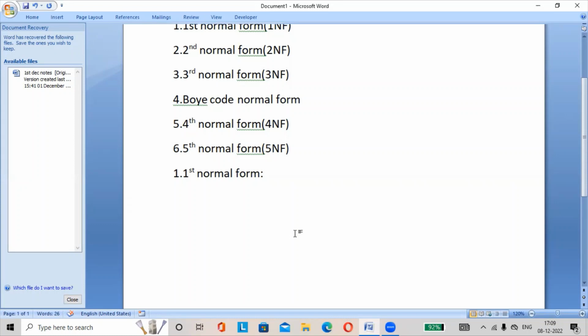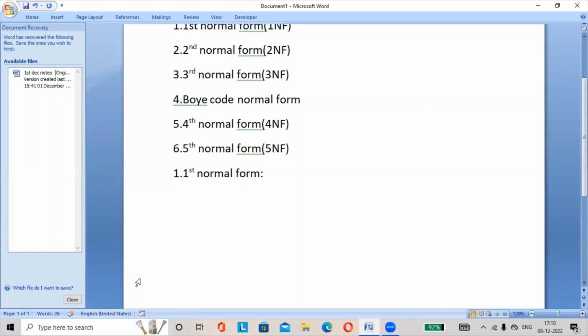What does first normal form state? The table must be designed in scalable form so that we can easily extend it. Suppose we have designed a table and added just 3-4 columns: student ID, name, class.